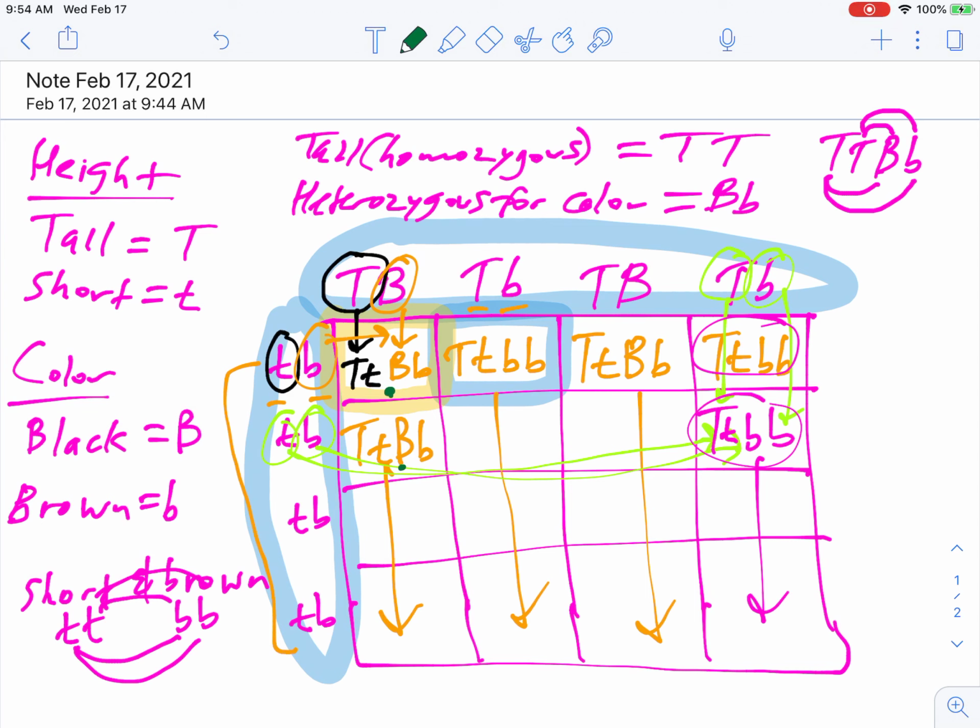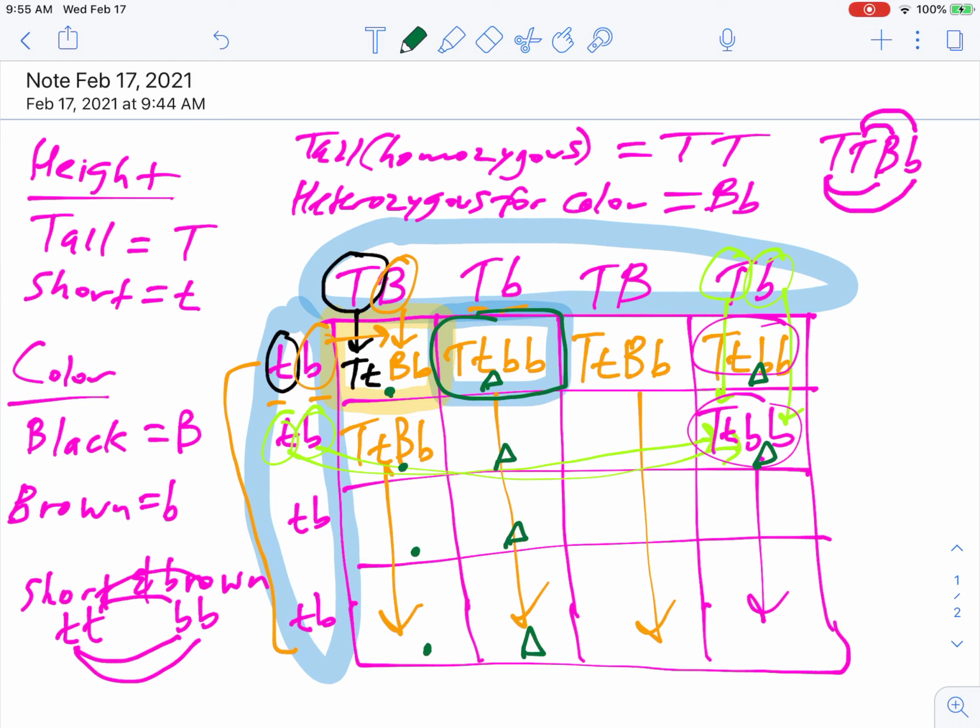So every time you see a box with that same genotype, you put that same symbol. Then you go to the next box that you look at. All right, I see big T, little b. Okay, so let's do it like a triangle.